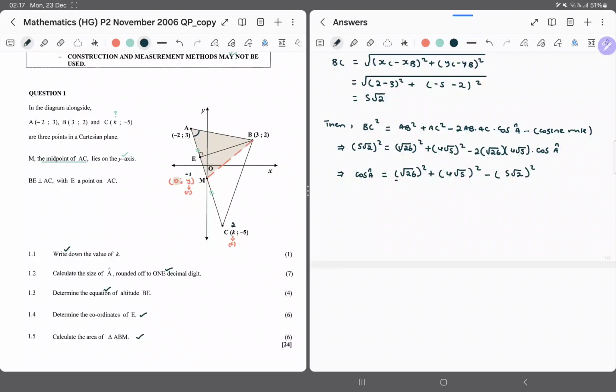Now guys, if you don't know how to do this quick, then you're in trouble. Okay, just remember that you are in trouble. And then when we transposed it, it becomes positive. So this is going to be 2 into square root 26 into 4 square root 5. So if you don't already know how to do this, you are so dead. You are just a mere corpse. Yeah. This is the one. Shift course. We do all of this business right here.